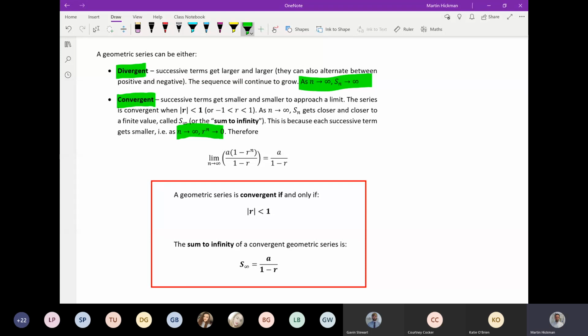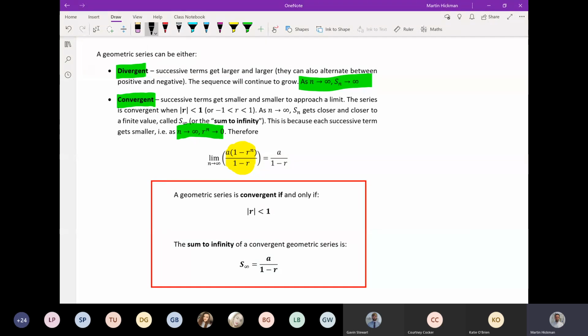So therefore, if we take our series that we looked at yesterday, we take this formula here that I'm just going to highlight in yellow. This is the sum formula that we looked at yesterday. And if n is a really large number, then this will just end up being a over 1 minus r, because as n gets really large, r to the power of n simply becomes 0.